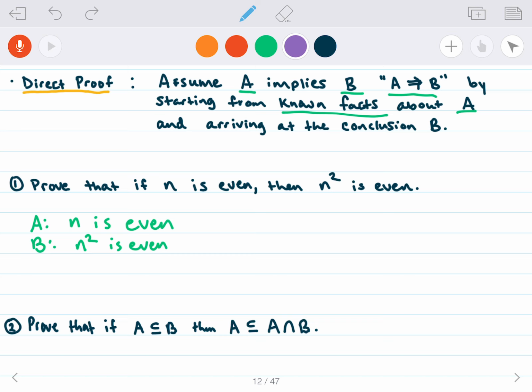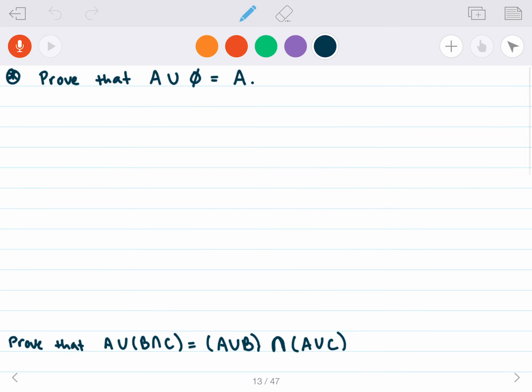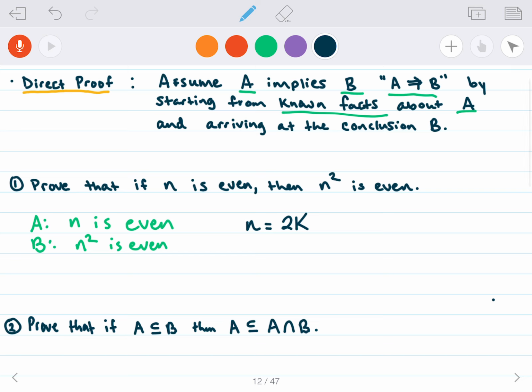Well, that means that n is going to be equal to 2, 4, 6, 8, negative 10, negative 20. How can we generalize that? We can say n is equal to 2k, people like to use k. Actually, let's be elegant about this. Let's say: suppose n is equal to 2k. This is the beginning of our proof.